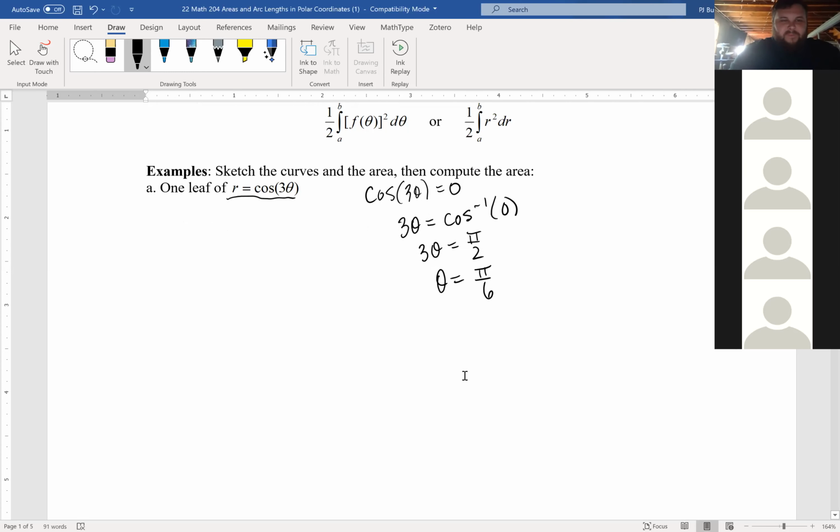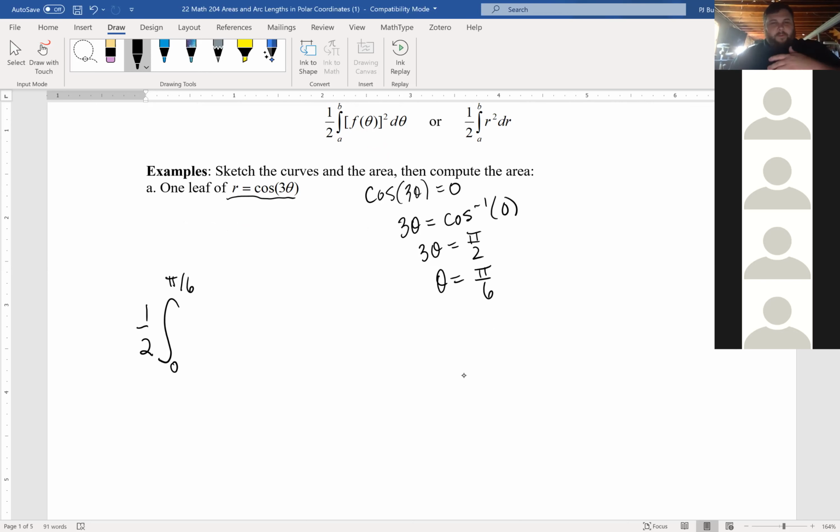All right. So we've got 1/2, because that's just naturally there. We know our bounds are 0 to pi over 6. We've discovered that already. And honestly, the absolute hardest part of these problems is graphing them and determining the bounds of the integral. Once you've done that, it's all things you've done already.